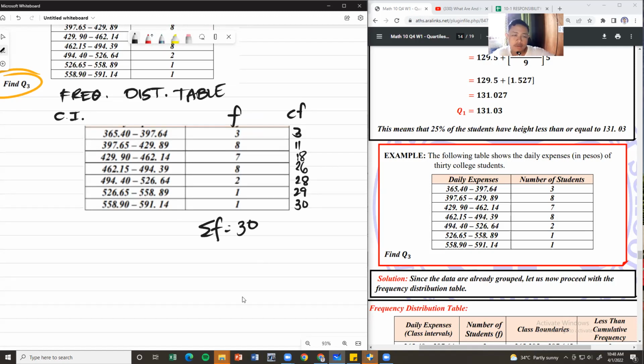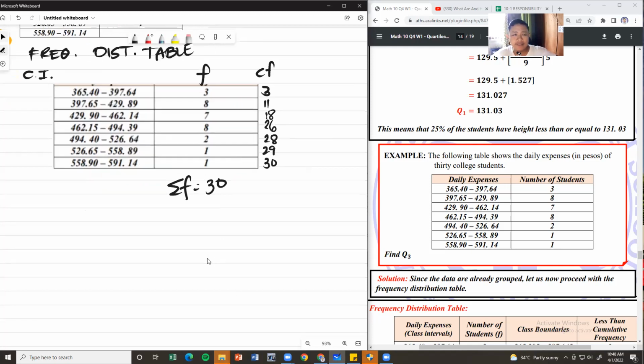Ayan. And so, after organizing our frequency distribution table, CI, lipat ka dyan. Then we can move on to finding our A, B, and C.